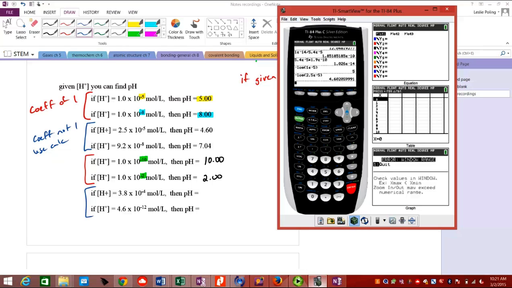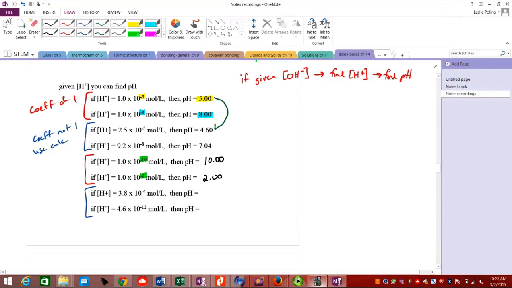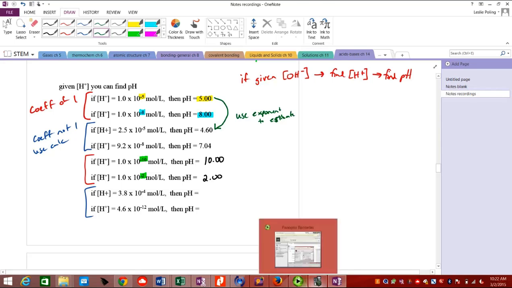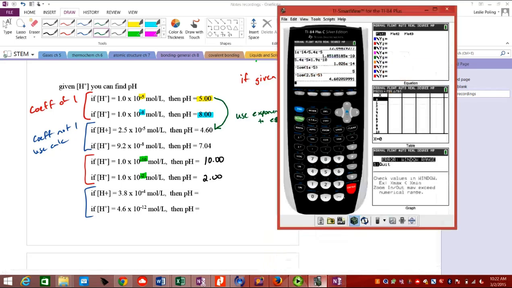Now look at these. 1 times 10 to the minus 5 gives us exactly 5. 2.5 times 10 to the minus 5 gives us a little less than 5. So you can always use the exponent to estimate. Okay, so let's do these down here that don't already have the answers. I'm going to use my second entry again so that all I have to do is change my... There's the problem, sometimes it jumps. All right.